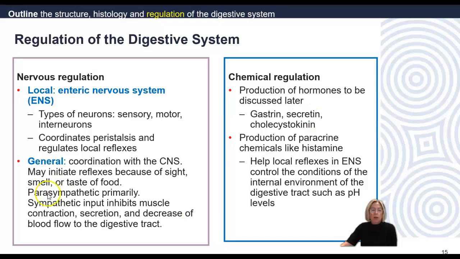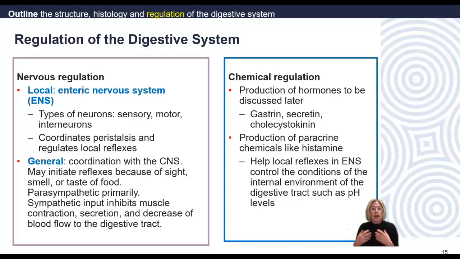Now, acetylcholine is the neurotransmitter involved in increasing secretions and motility of the parasympathetic nervous system, whereas noradrenaline of the sympathetic nervous system has that inhibitory effect. Another neurotransmitter that's really important in the digestive system is serotonin.